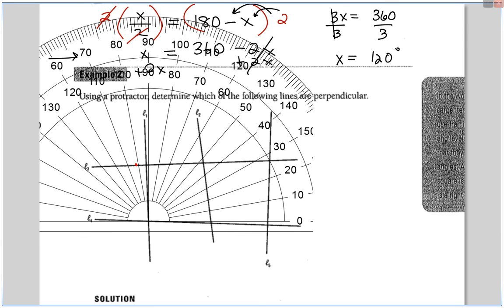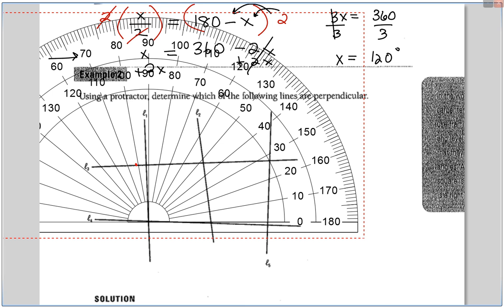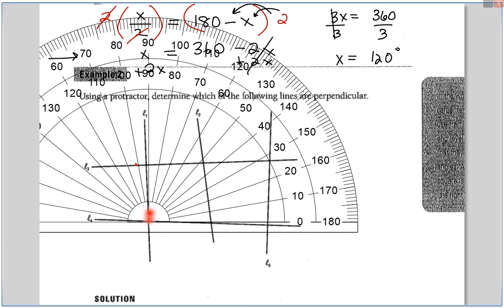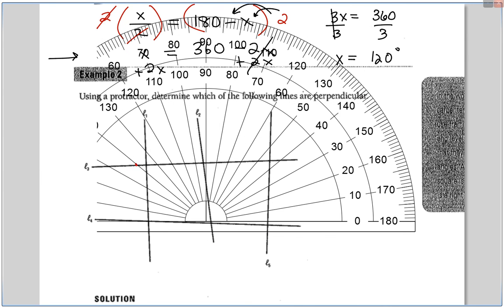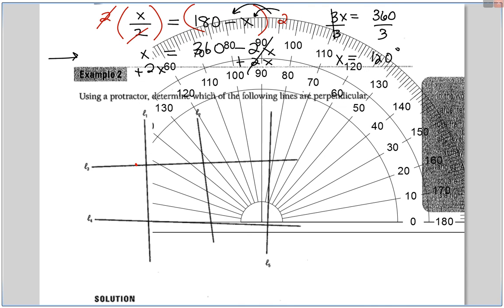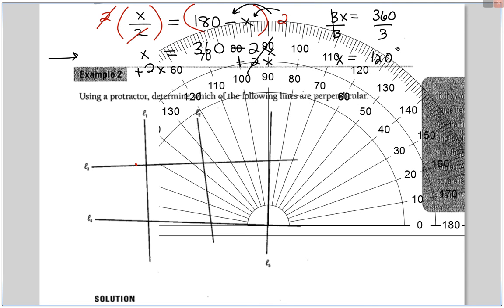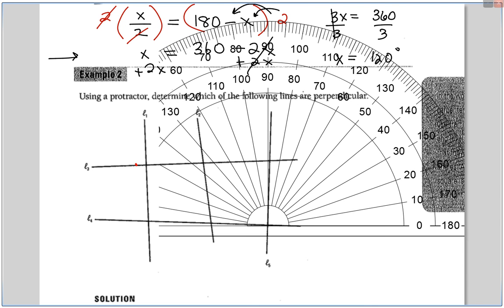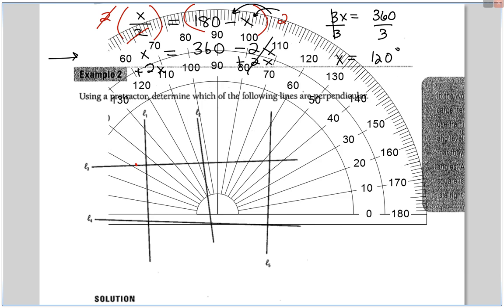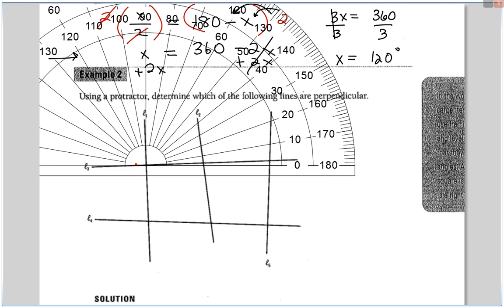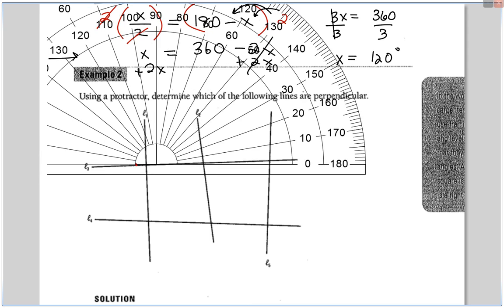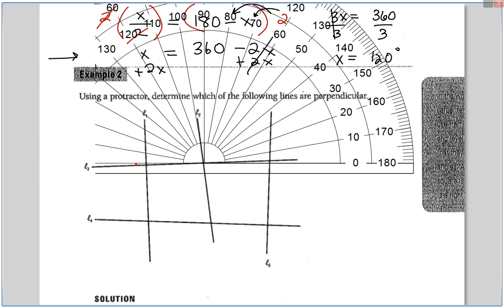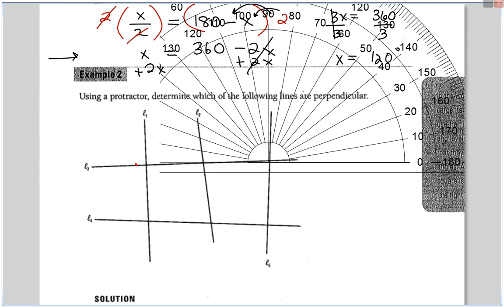So you can see that this angle down in the corner, it's a little bit off, but I would say that it's the closest one to 90. This one's quite a lot off. Oh, this one looks pretty good too, but it's sort of tailing to the right. So really I don't think any of these angles are 90. They all seem to sway off the 90.